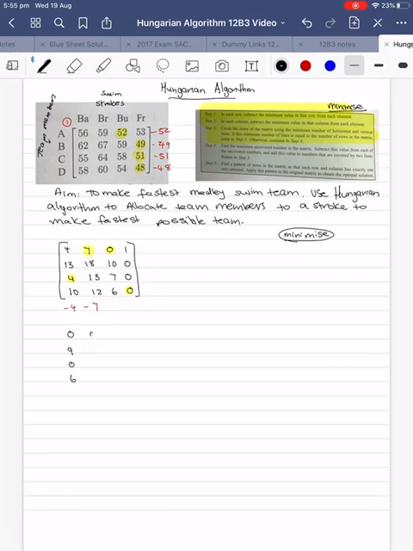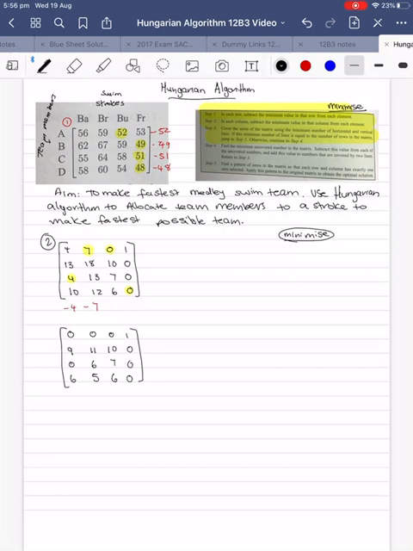And the next one is 0, 11, 6, and 5. These stay the same, so 0, 10, 7, and 6. And this one stays the same as well, so 1, 0, 0, and 0. Okay, so that was step 2.